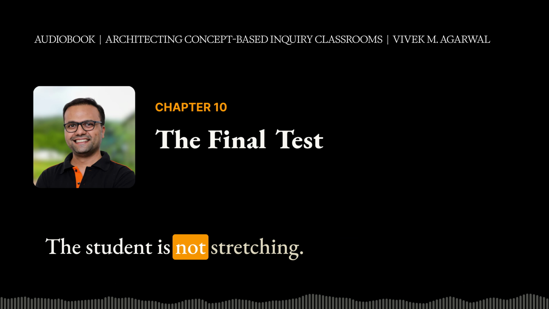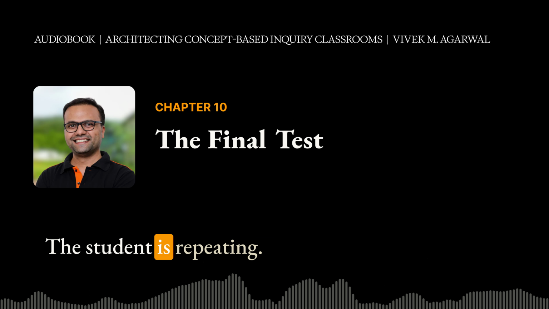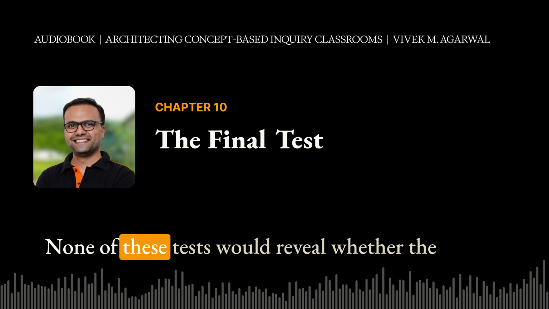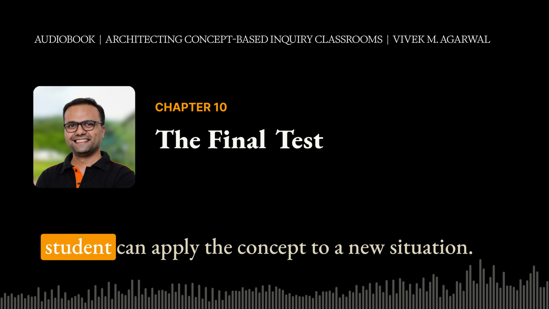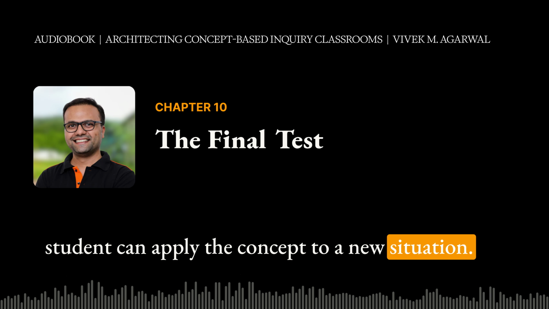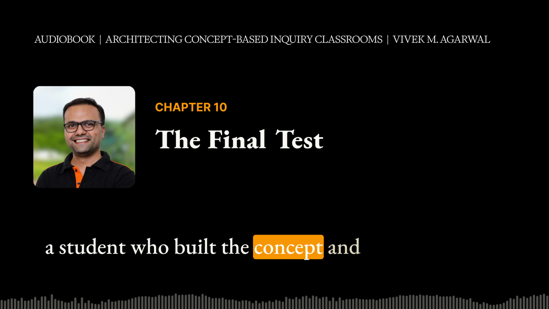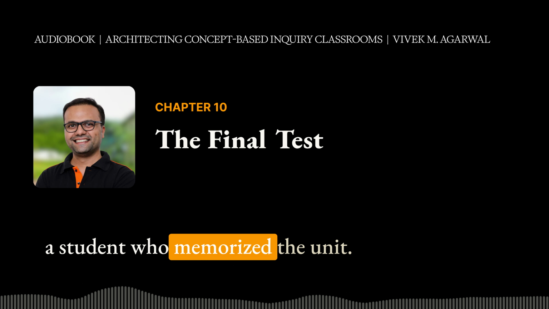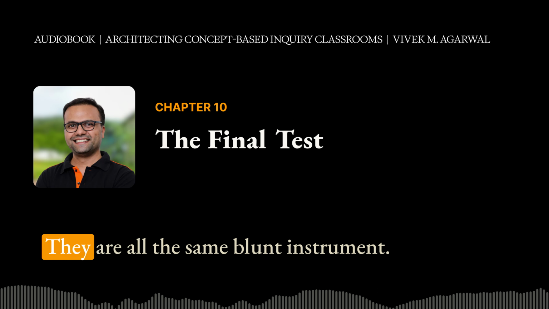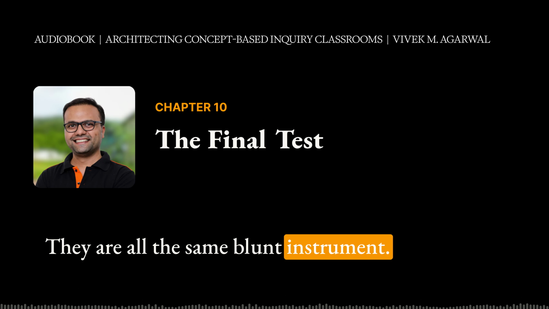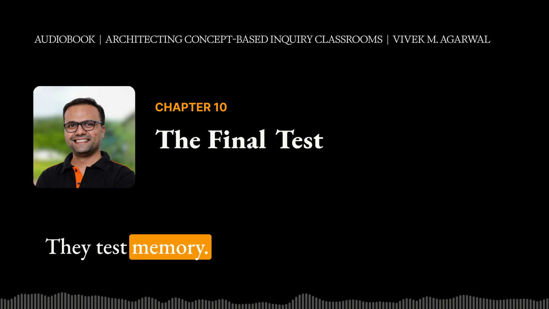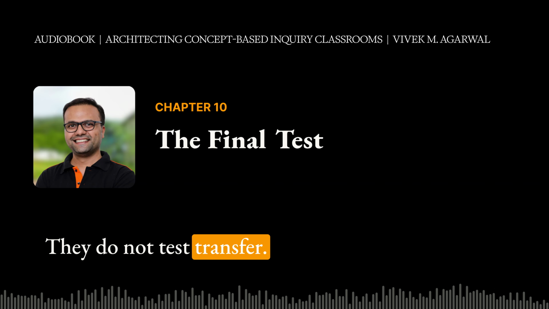The student is not stretching. The student is repeating. None of these tests would reveal whether the student can apply the concept to a new situation. None of them would distinguish between a student who built the concept and a student who memorized the unit. They are all the same blunt instrument. They test memory. They do not test transfer.